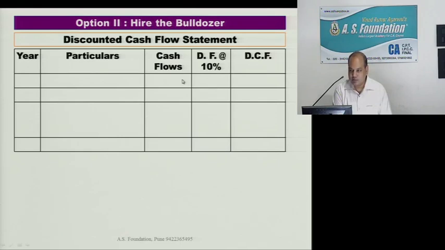Format is ready. Here lease rental will be paid in advance. In year 0 write hire charges 45,000.